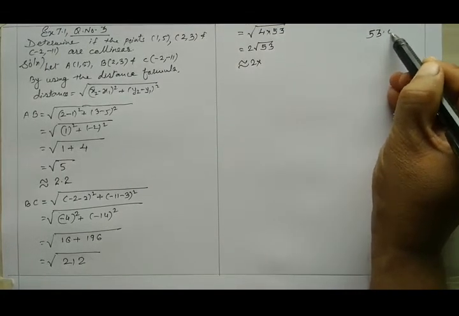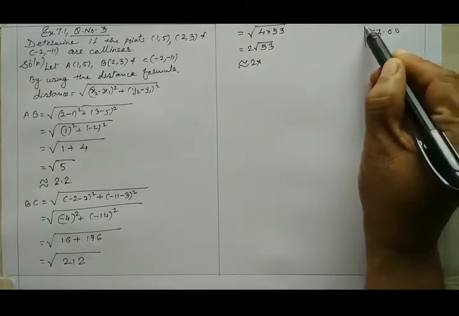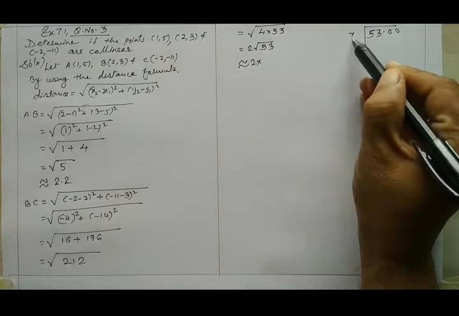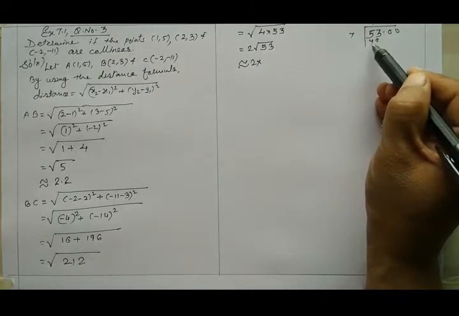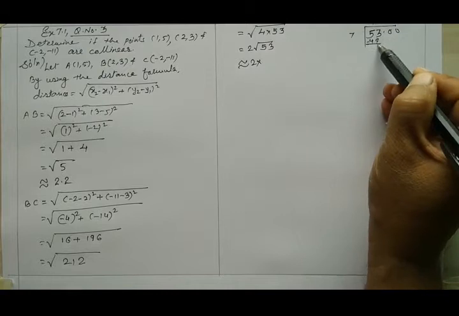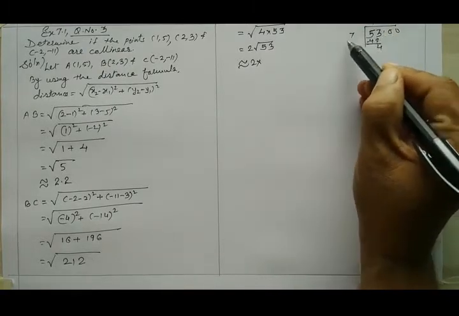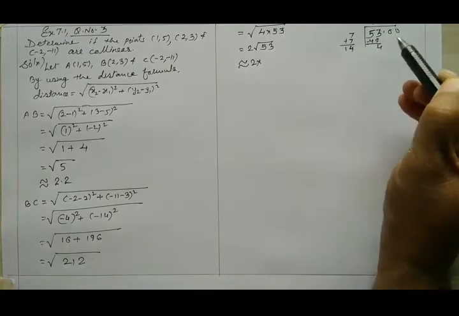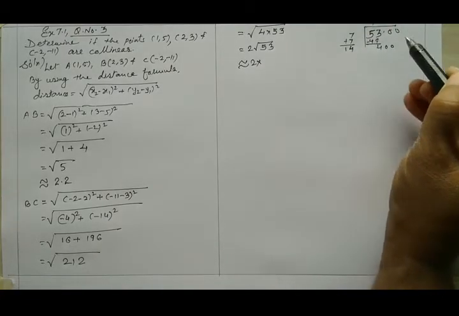So what it is, 7 sevens are 49. So 13 minus 9 is 4. Here 7, so it is 14, so bring down this.